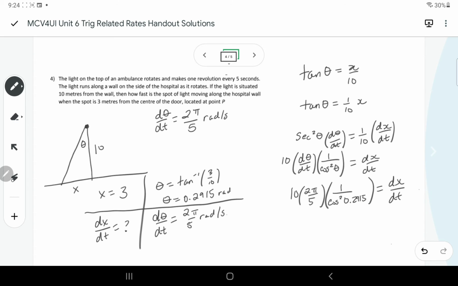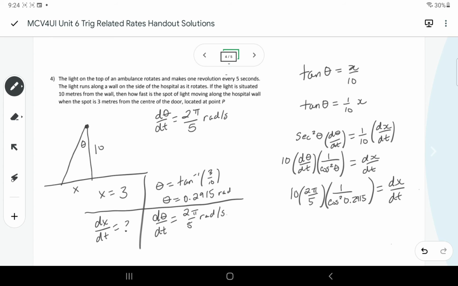So careful when you're doing that on your calculator. I would probably multiply like 10 times 2 pi divided by 5 to get a constant, and I've got like 12.566 on my calculator. Then I'm going to push divide by, and I'm going to put in brackets, again, making sure you're in radians, cos of 0.2915 bracket and then squared.